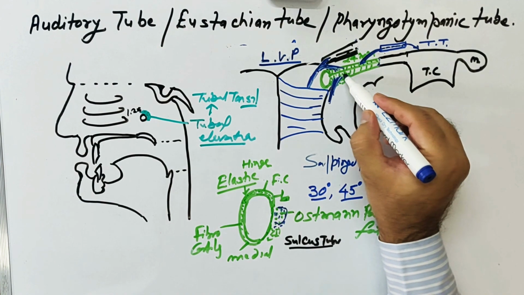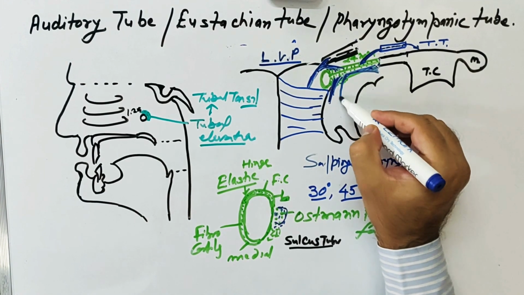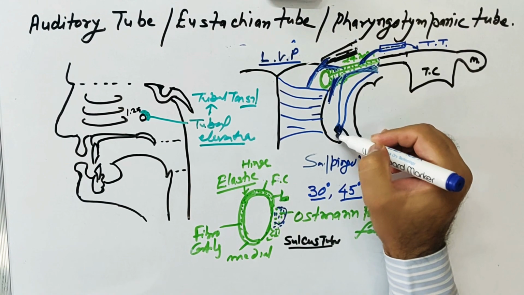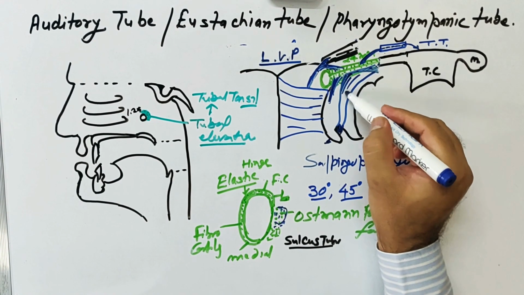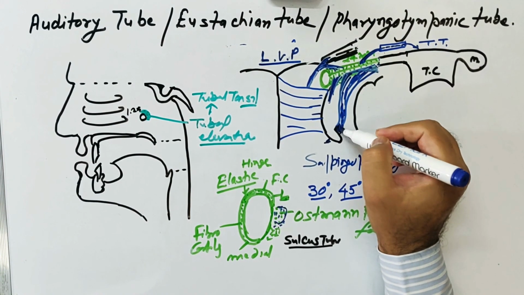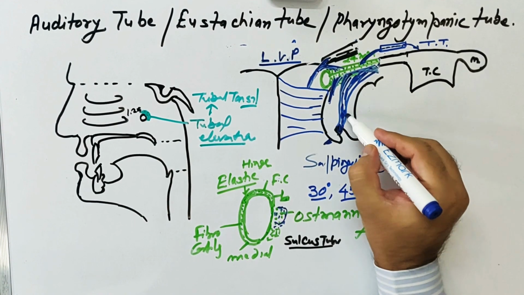So it attaches from here to here. And from here it turns and goes to the soft palate. So this muscle is tensor veli palatini.